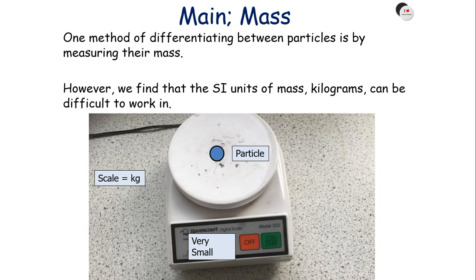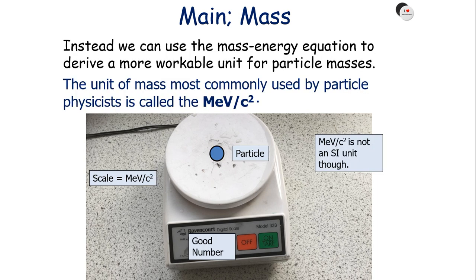Now one method of differentiating between particles is by measuring the mass. Now we find that the SI unit of mass, the kilogram, can be difficult to work in because the mass in kilograms of any one particle is going to be very small. So we do use some other units when we cover mass of particles. Now one of the most commonly used units is MeV over c squared, or mega electron volts over c squared.